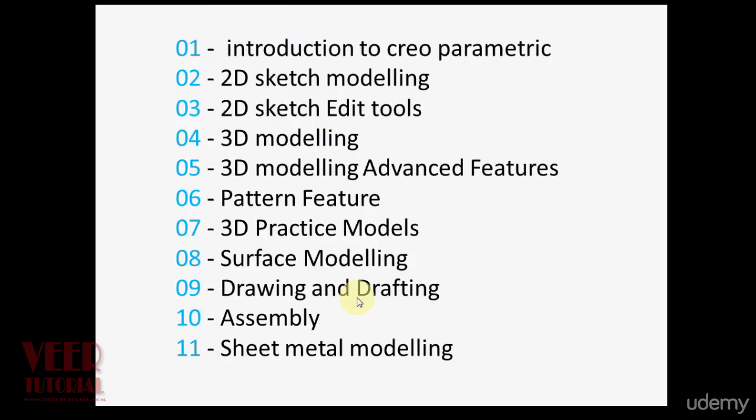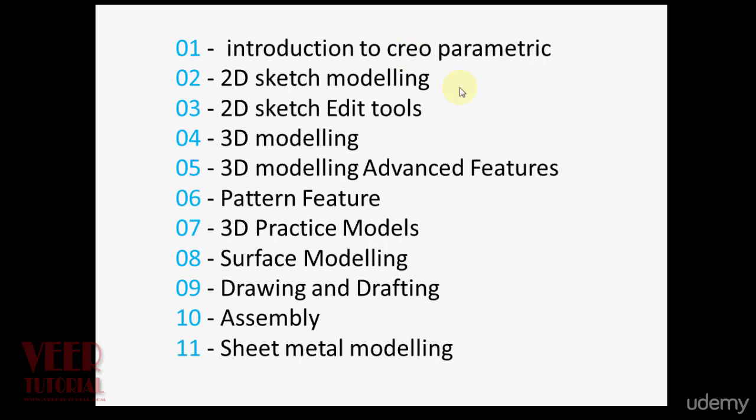Then the course content is divided into 11 chapters. The first chapter is the introduction to Creo Parametric. In this chapter we will learn some basic introduction, its versions, also how to use the mouse and import, export files like this.